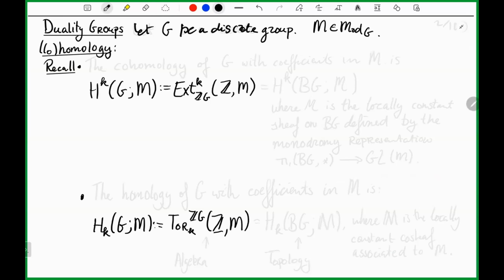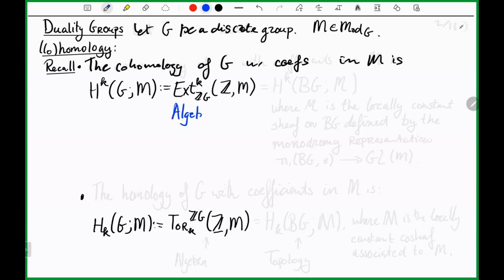And then many of you will know that the cohomology of G with coefficients in the module M is defined purely algebraically as the Ext group of Z and M over the group ring. So this is just something that's purely algebraic.